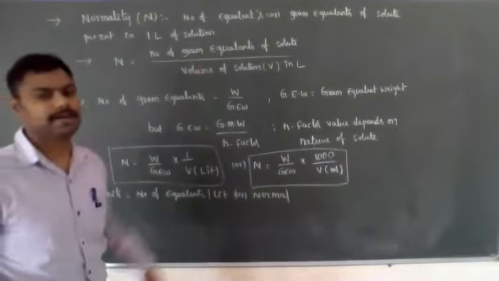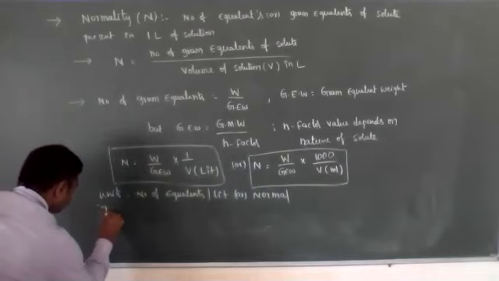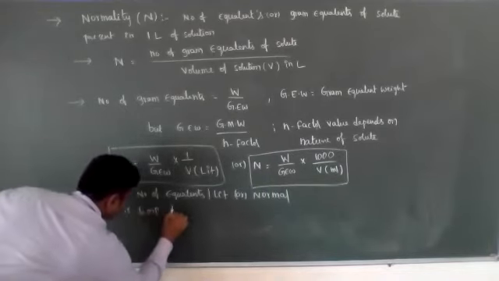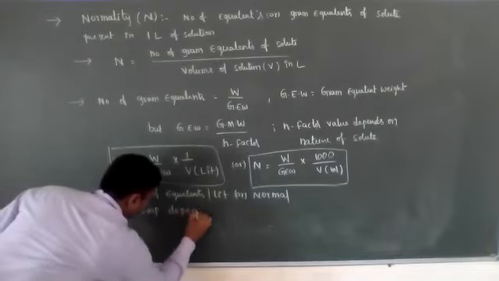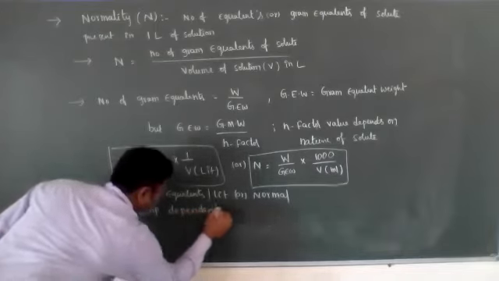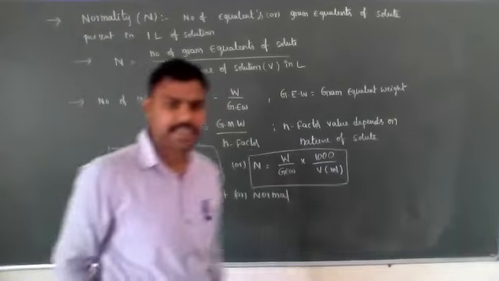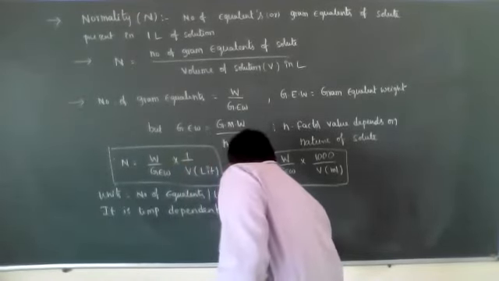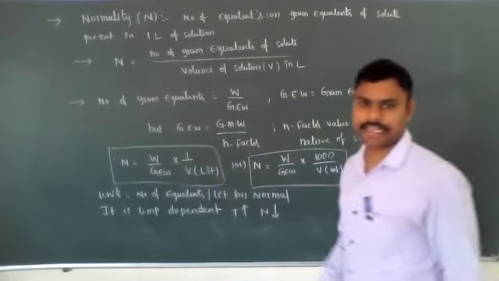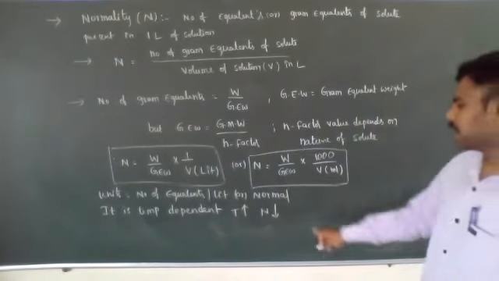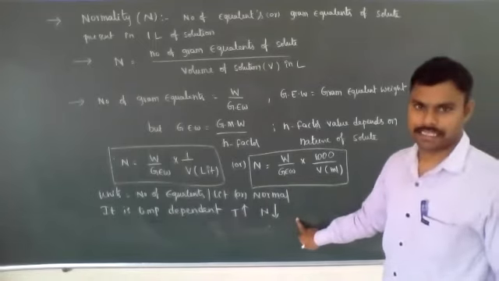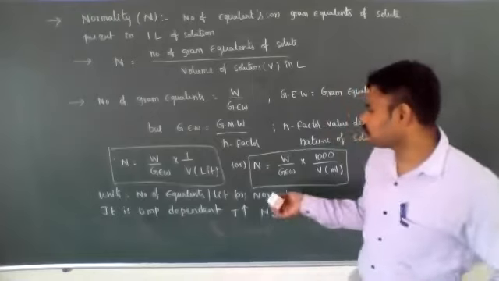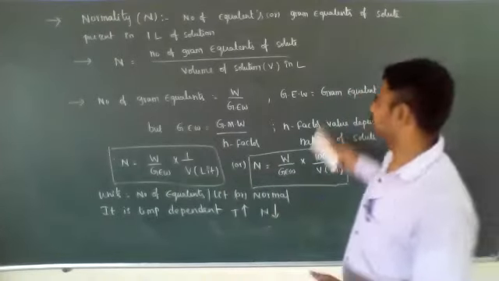That's why normality is also temperature dependent. If temperature increases, normality decreases. Now I will discuss how to calculate gram equivalent weights.